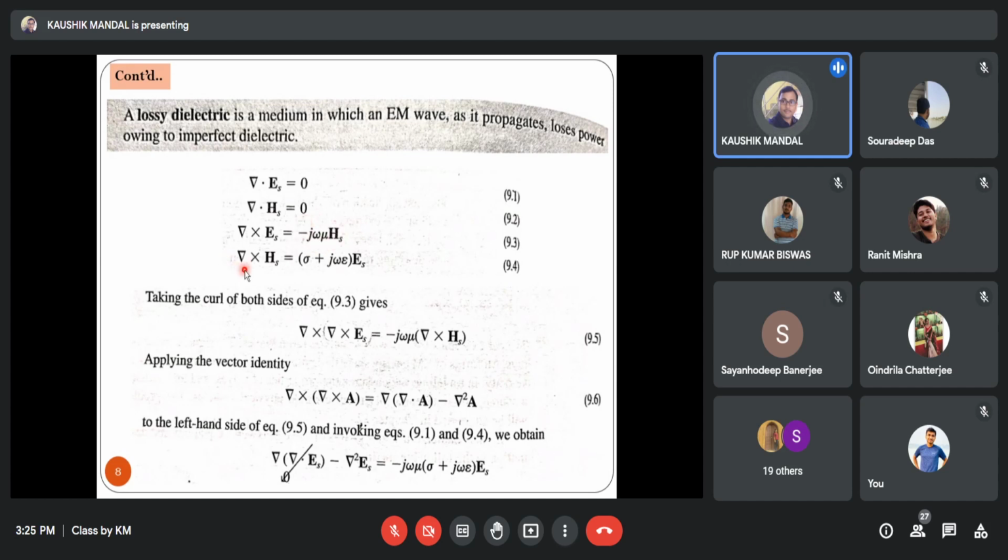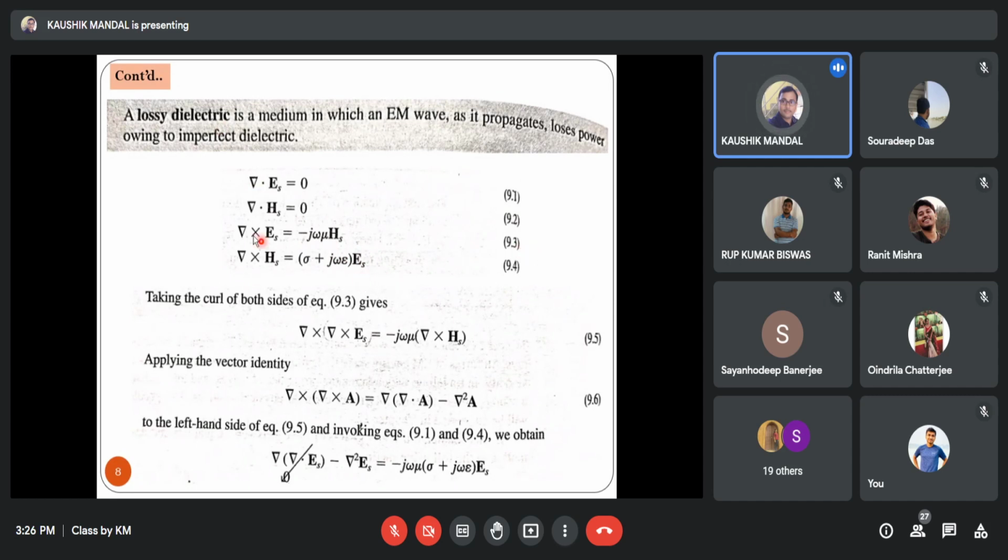What about the curl of HS? Curl of HS we know is J plus del D del T. So J equal to the conductivity current, that is sigma ES, and del D del T is replaced by j omega epsilon E. So all these are the modified time harmonic equations for the lossy dielectric medium in phasor form.